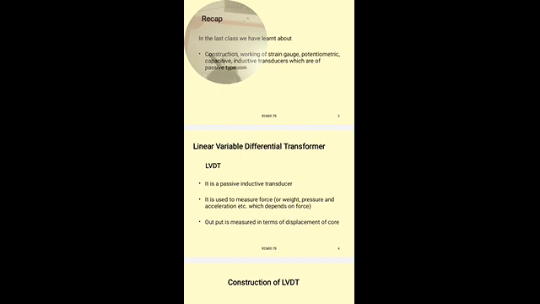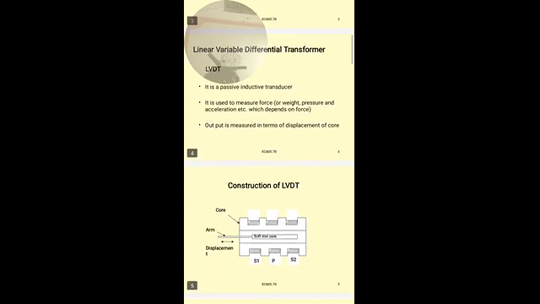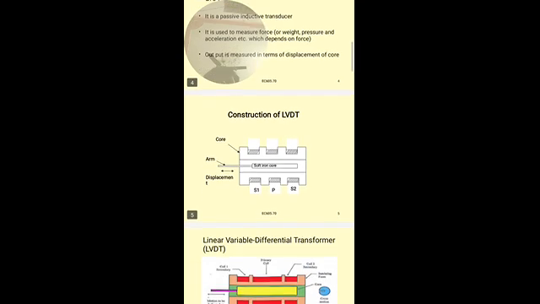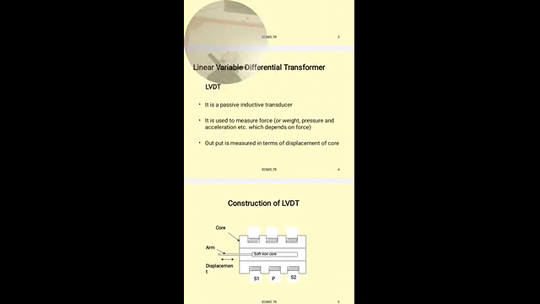Construction: it comprises a transformer with one primary and two secondary windings with a mobile core between them.